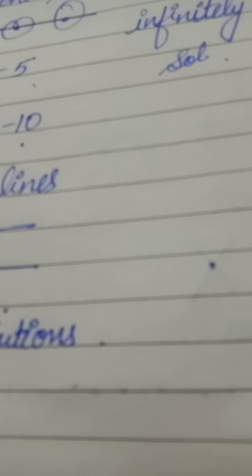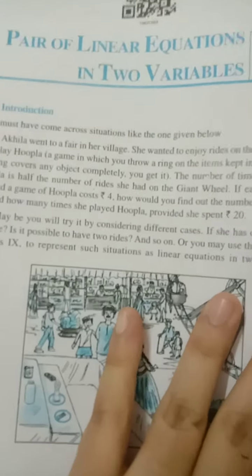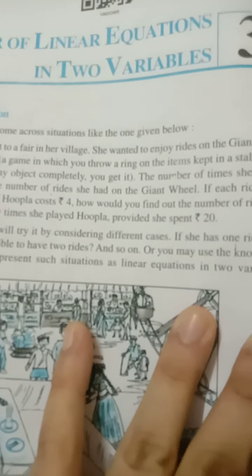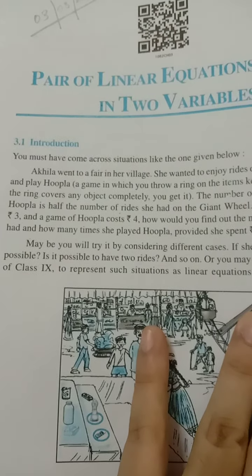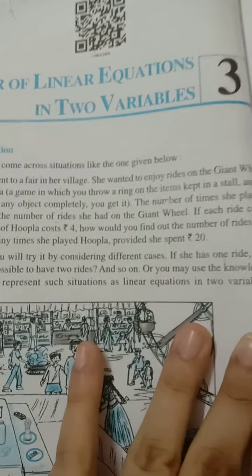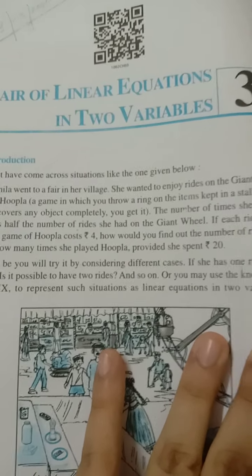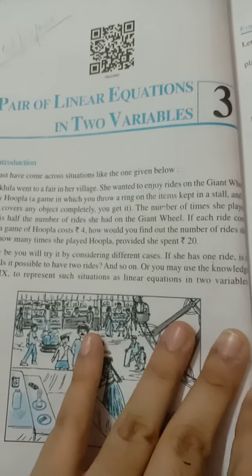She wanted to enjoy rides on the giant wheel and play hoopla, a game in which you throw a ring on the items kept in a stall and the ring covers any object completely. You get it. The number of times she played hoopla is half the number of rides she had on the giant wheel.